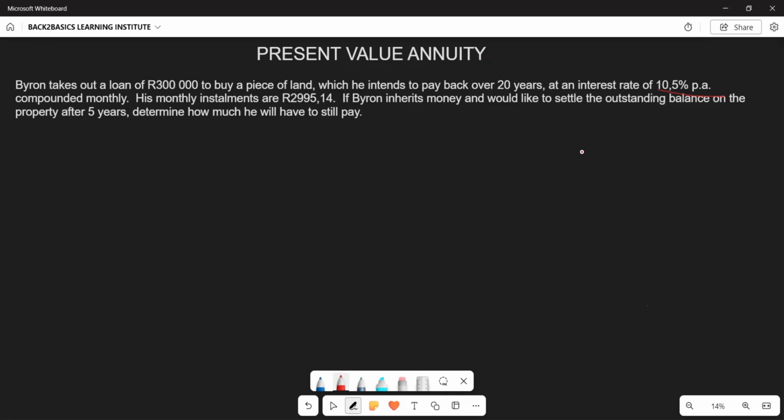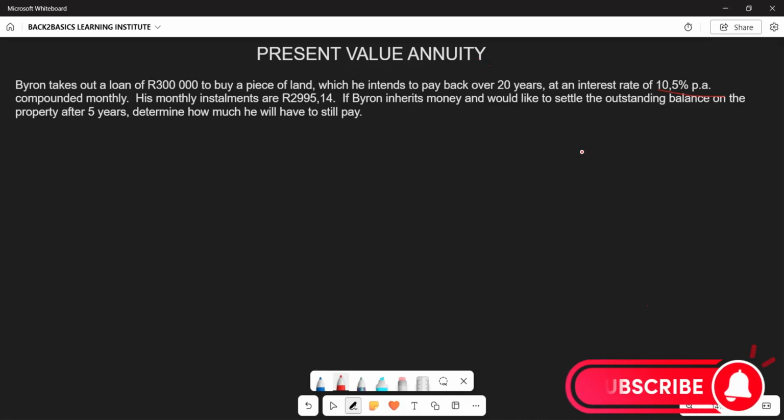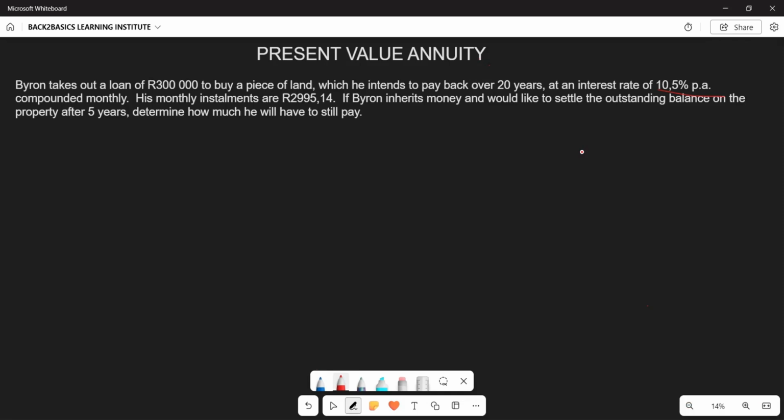His monthly installment is 2,995.14. If Byron inherits money and would like to settle the outstanding balance on the property after 5 years, determine how much he will still have to pay.